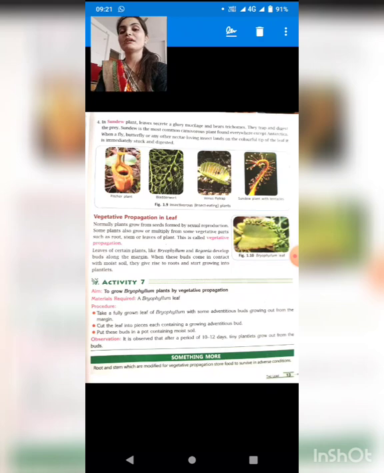How does the pitcher plant capture insects? See the sac-like structure given in the diagram. In that sac they capture the insect. How does the bladderwort capture insects? In a bladder-like structure. The green structure in the diagram shows the bladder.